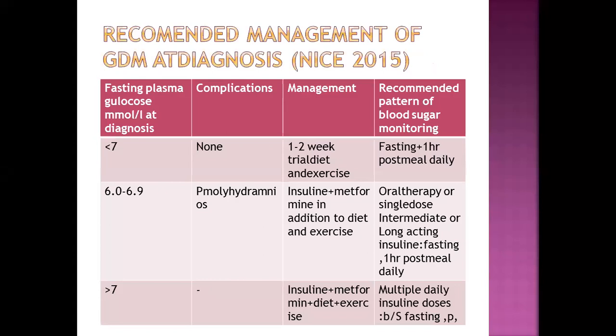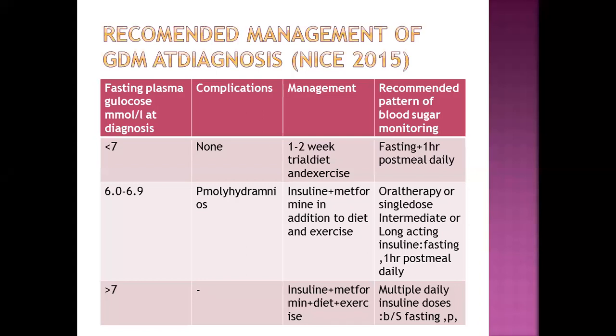Now, this is the recommended management of GDM at the diagnosis according to the NICE guideline. According to the NICE guideline, if the fasting blood sugar is less than 7 millimole at the diagnosis and there is no complication, like no preeclampsia, no previous history of macrosomia, or currently the baby is growing normal and the biometry is normal, there is no macrosomia, then the management is a 1 to 2 week trial of diet and exercise.